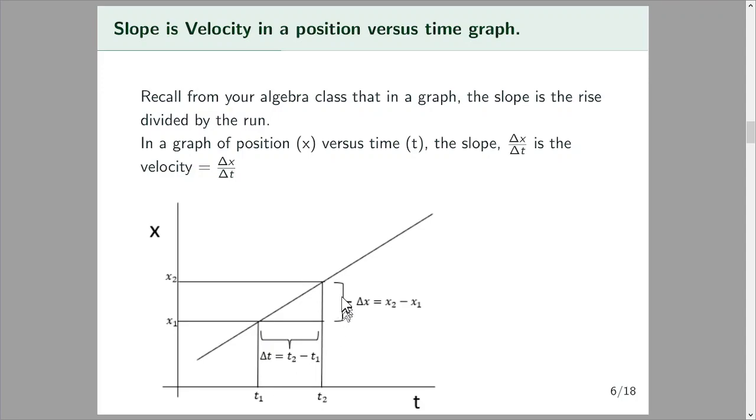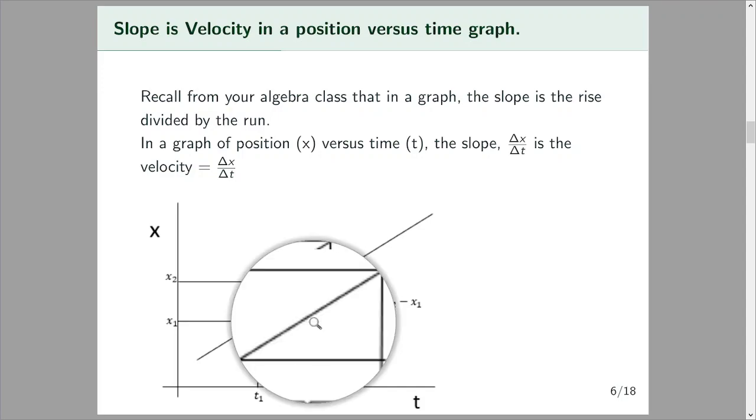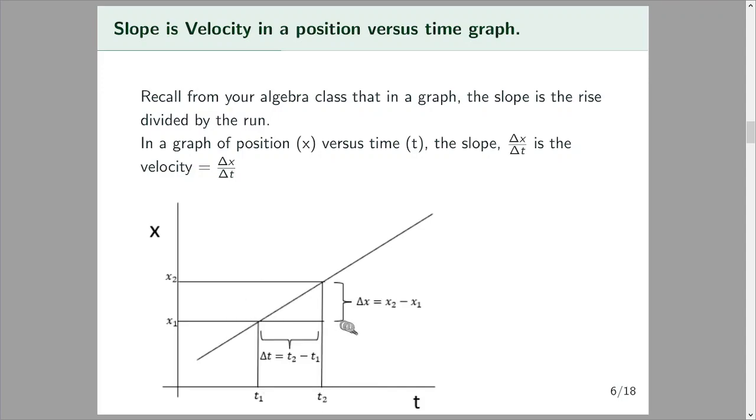So this is my change in position, this is my change in time. And if you remember anything about graphs, you know that if you have a line, the slope of that line is the rise over the run, right? And so it turns out that in a position versus time graph, the slope is the velocity.